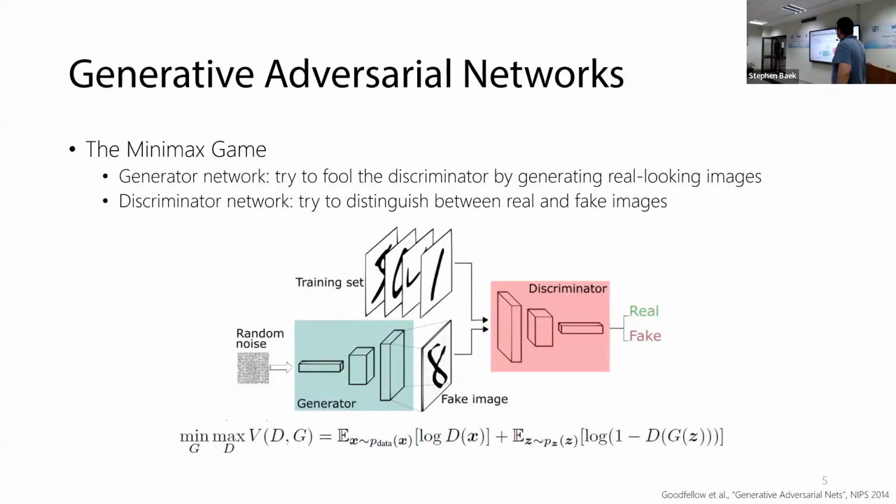So this is a typical example of what's called a Minimax game in game theory. There are two different players in the game who have opposite objectives. One tries to maximize, the other tries to minimize. Maximize what?